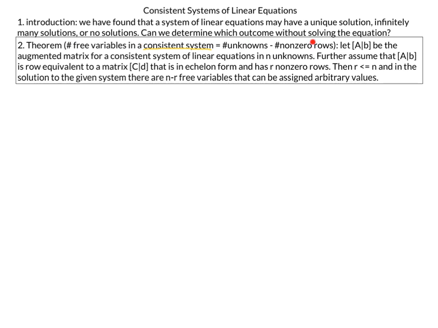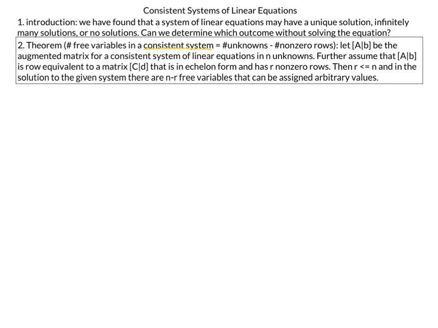This is just how I shorten the theorem, but this is the full theorem here, starting with: let A augmented with B be the augmented matrix for a consistent system of linear equations in n unknowns. So this is the matrix A, that's the matrix of coefficients, and B is the solutions, the other side of the equal sign. So that's the augmented matrix.